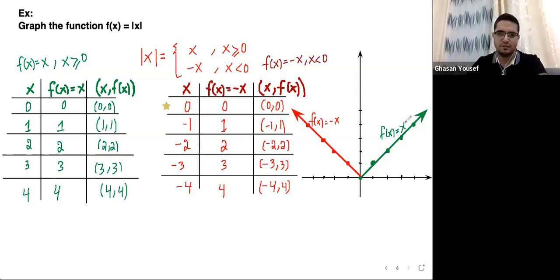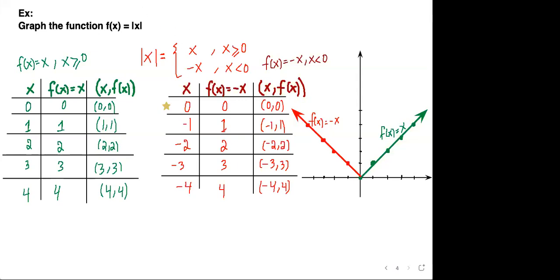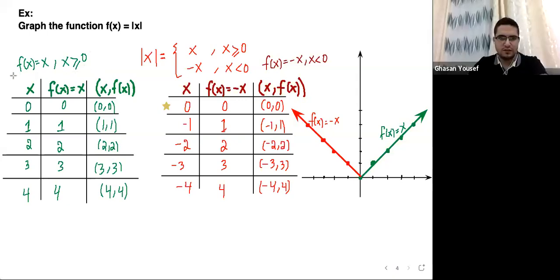Then I graph this function, the green one, and I graph this function, the red one, and that's it. Okay, is it clear now? Yeah. Okay. Any question now for this example?